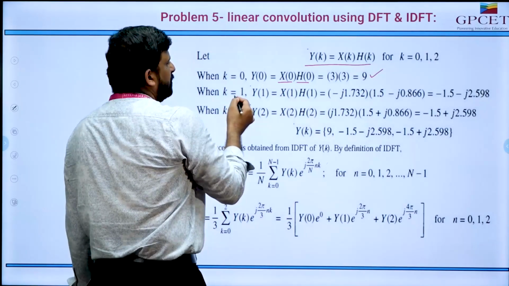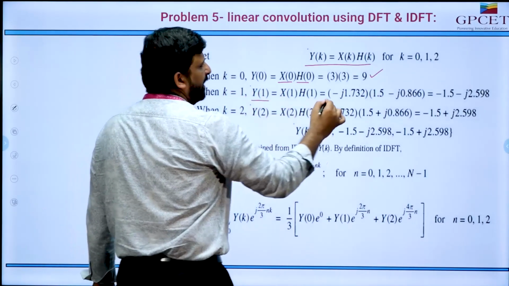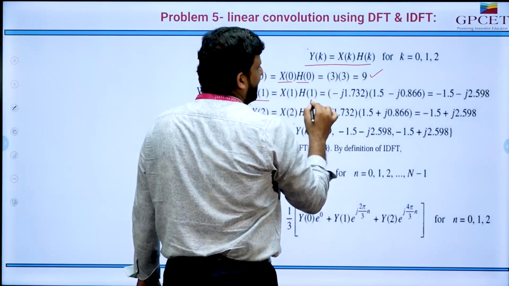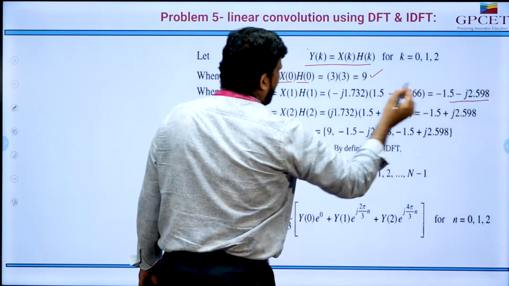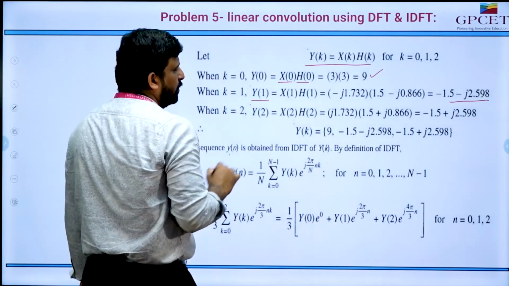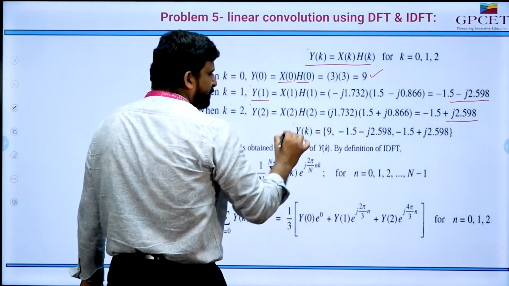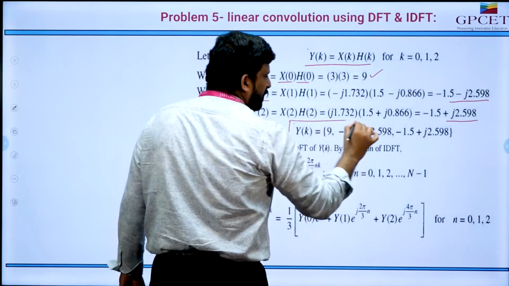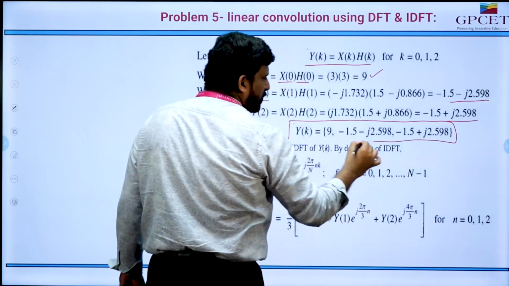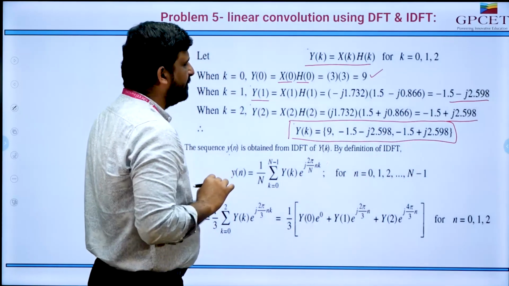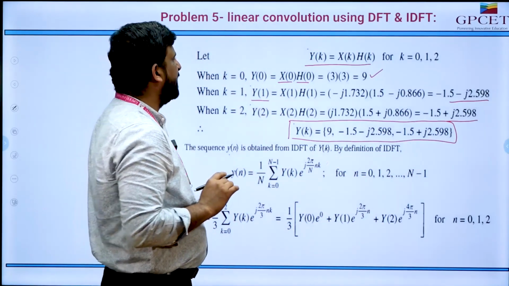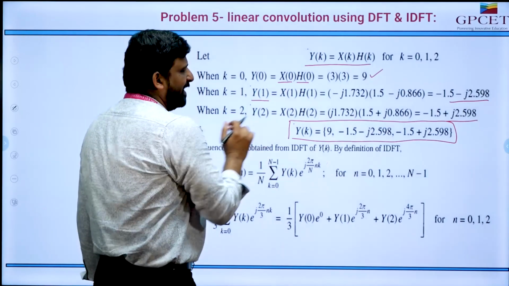Similarly, for k is equal to 1, I multiply the x and h values and got this. And finally, for k is equal to 2, I got this value of y. That means finally I got y of k as this sequence. That is, after doing the DFT for x of k and h of k, I got the value of y of k.